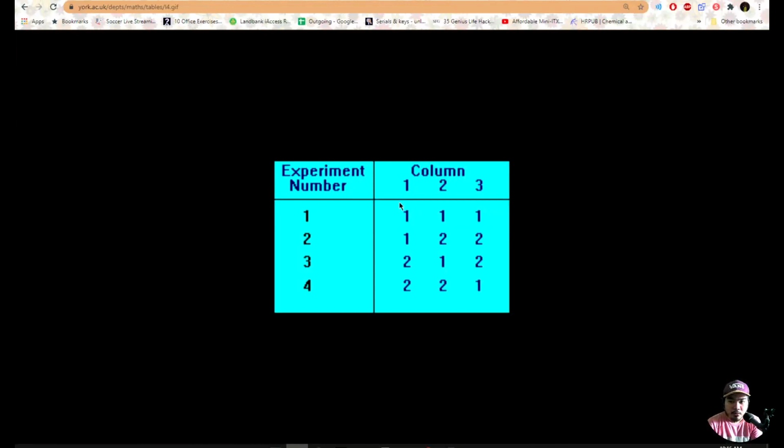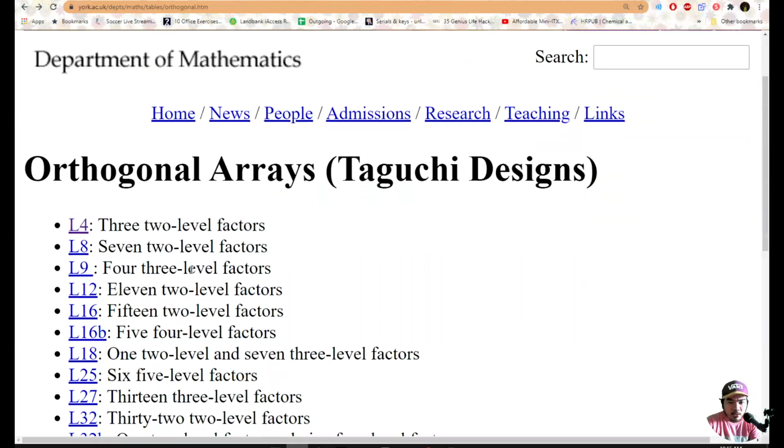Sorry, this is 3 factors with 2 levels each. So for a full ANOVA design, you should have 8 experimental runs. But in the Taguchi design, it's only 4 experimental runs.